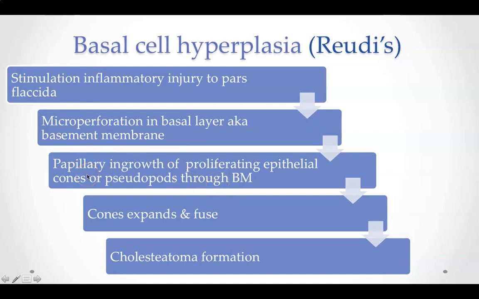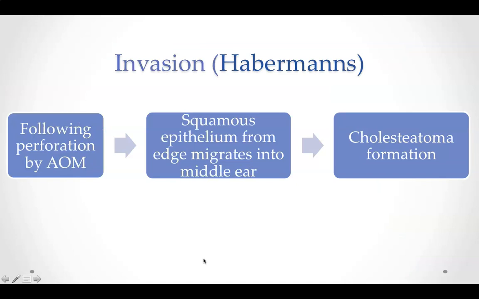So, there will be inflammation in the basement membrane that forms a microperforation. Because of the microperforation, there will be papillary ingrowth of proliferating epithelial cones. The cones will expand and fuse, and that causes cholesteatoma formation.